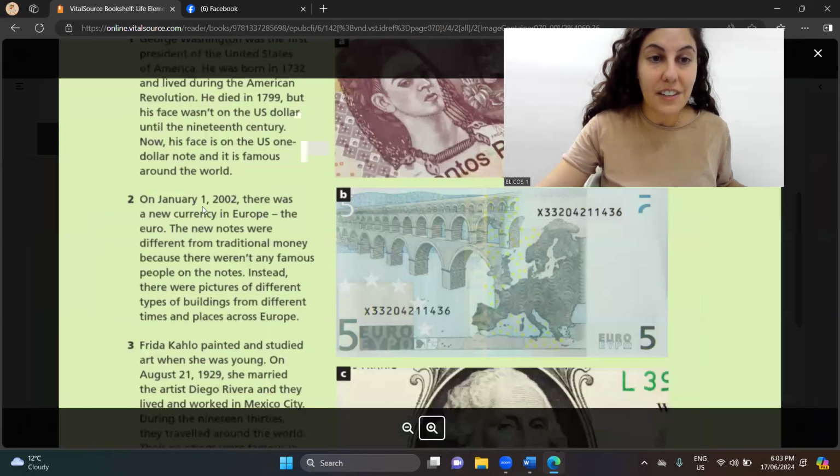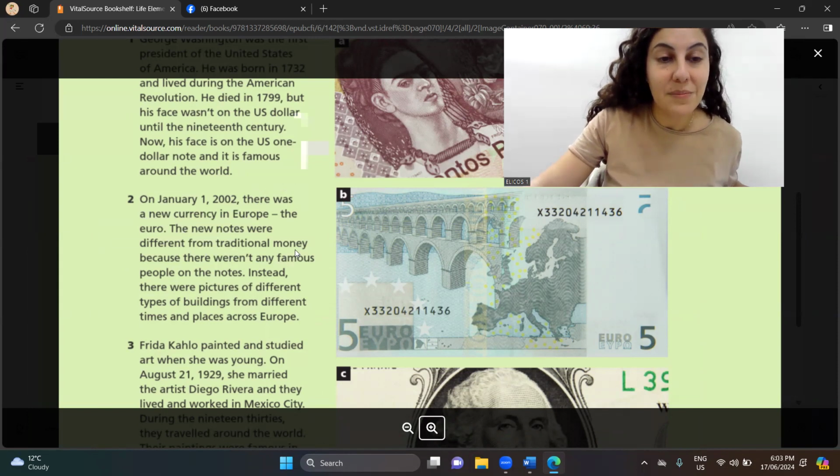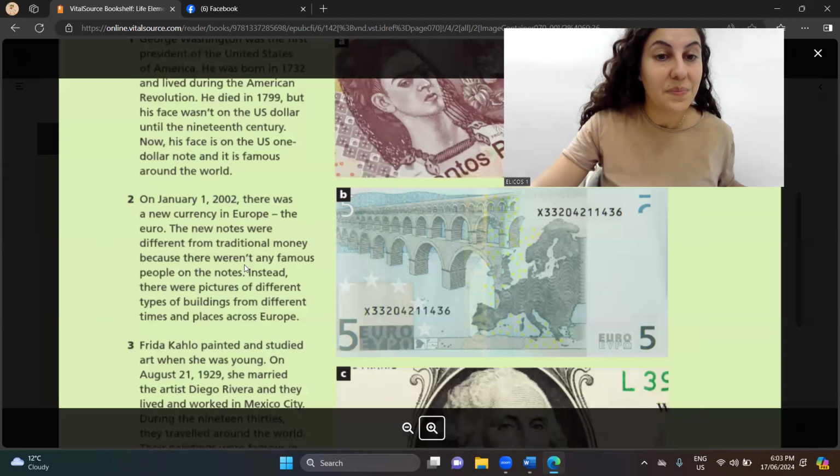On January the 1st, 2002, there was a new currency in Europe, the euro. The new notes were different from traditional money because there weren't any famous people on the notes.